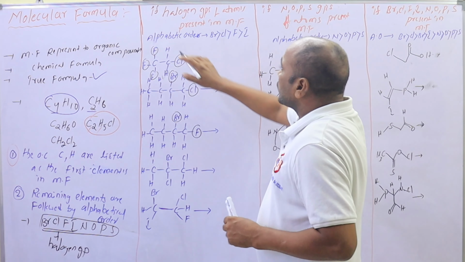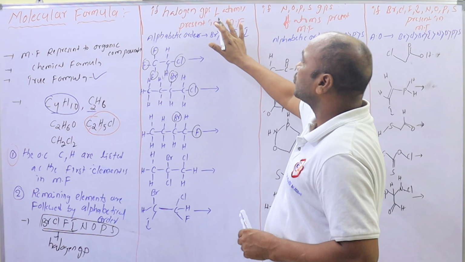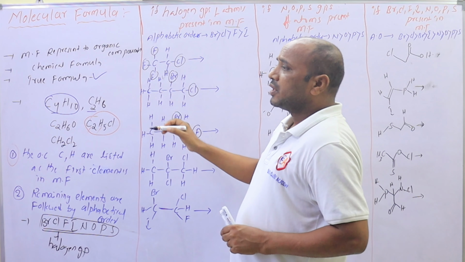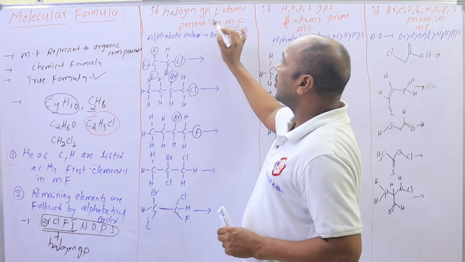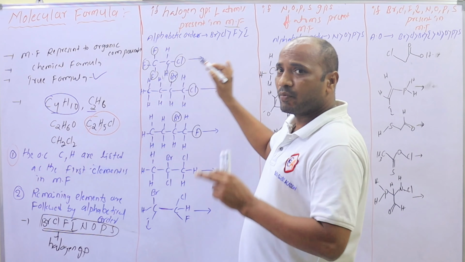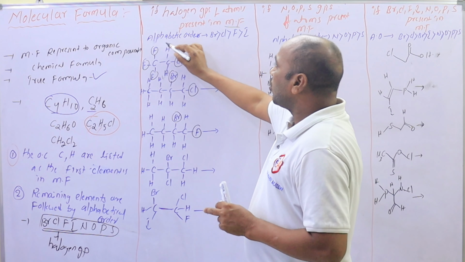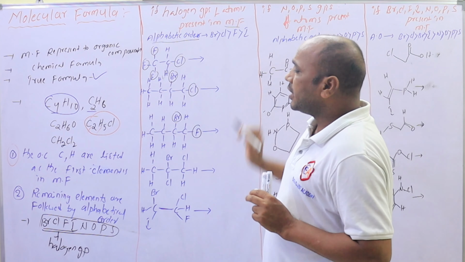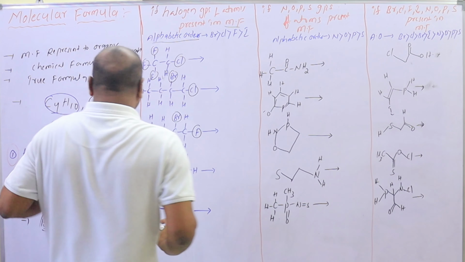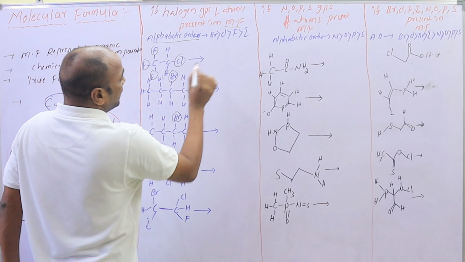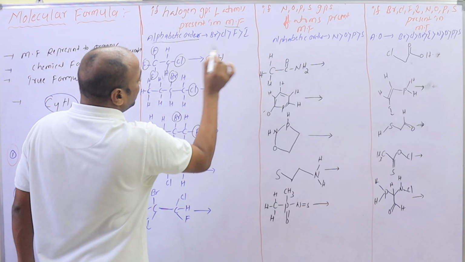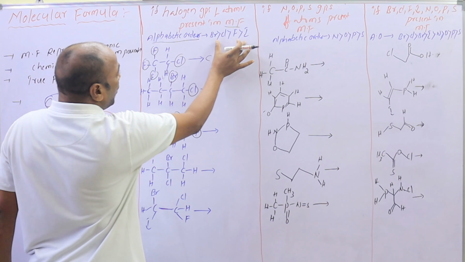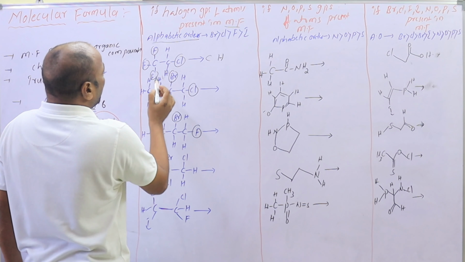See here, if halogen group atoms are present in the molecular formula, they follow alphabetical order: bromine, chlorine, fluorine, iodine. According to the first key point, carbon and hydrogen are fixed.